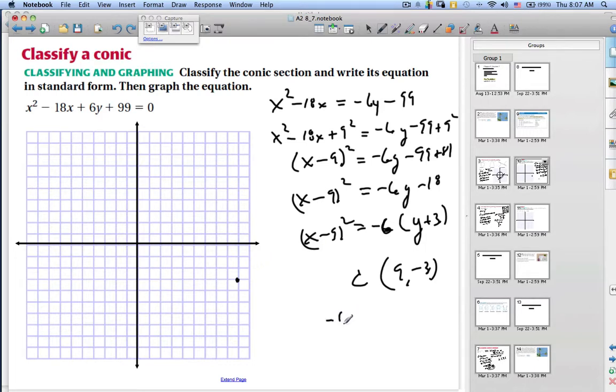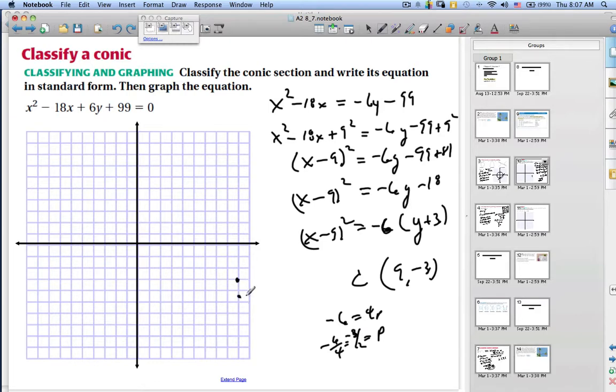I know that negative 6 is equal to 4p. So p would be equal to negative 6/4 or negative 3/2. I'm sorry, negative 3/2, not 2/3. X is squared, so I know this is a vertical parabola. I'm going to move negative 3/2, so that's negative 1 and 1/2.